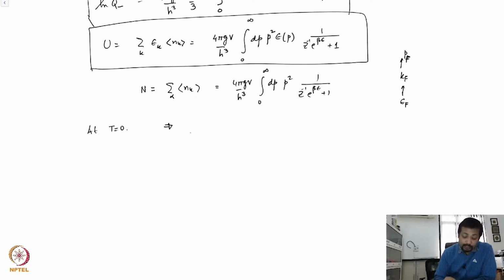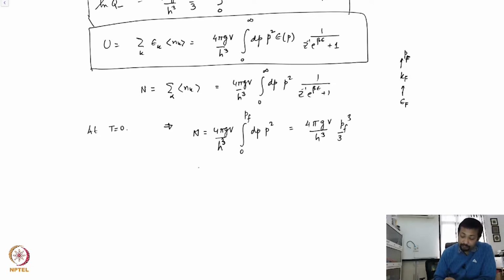So that would mean that n is going to be 4 pi gv over h cube, 0 to pf dp p square. That gives me 4 pi gv over h cube pf cube divided by 3.